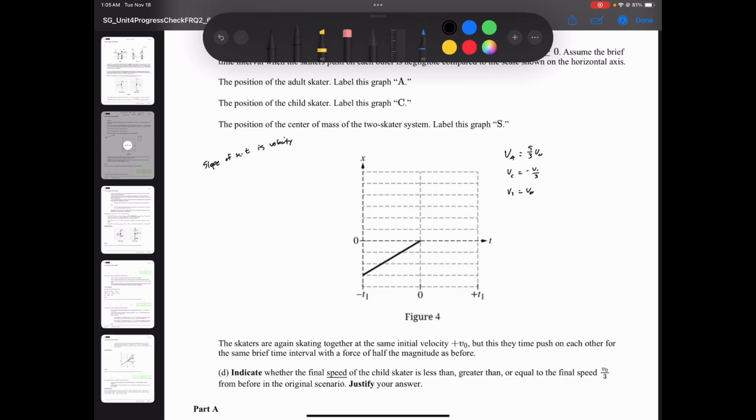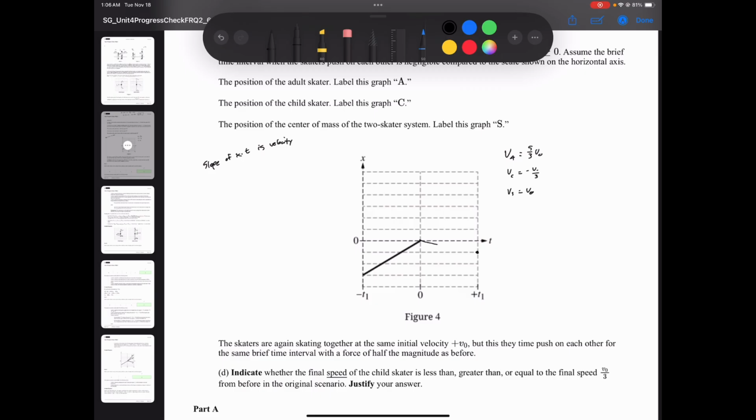So it's kind of important that they put the initial slope of this graph as 3 vertical units. It goes up 3 units over this time period, because the final velocity of the child is negative v naught over 3. So I know that the child is going to be at this position after this time period. And notice that the slope of this line is negative a third of the slope of the initial velocity of the system.